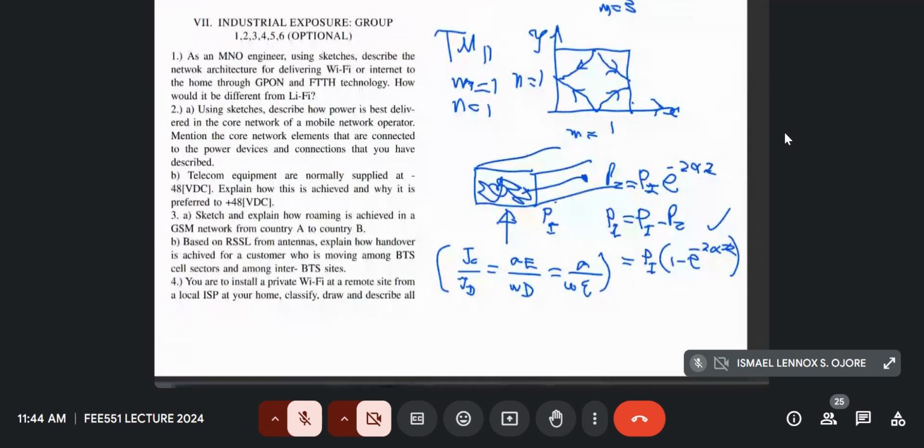What if the waveguide was glass? So let's say you're working with fiber, optic fiber. Let's say the refractive index of fiber, eta, is equal to 1.5.